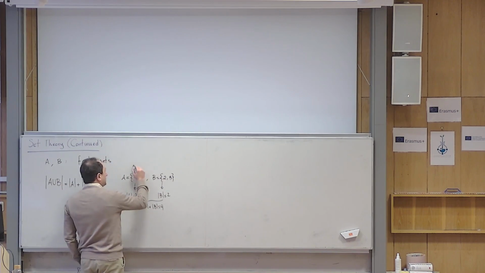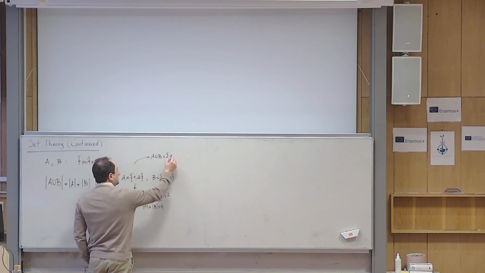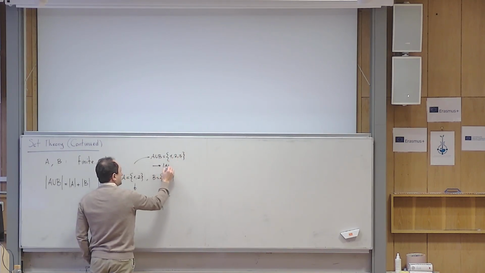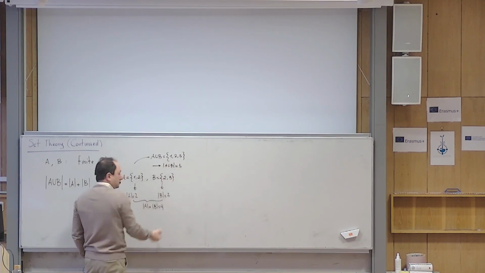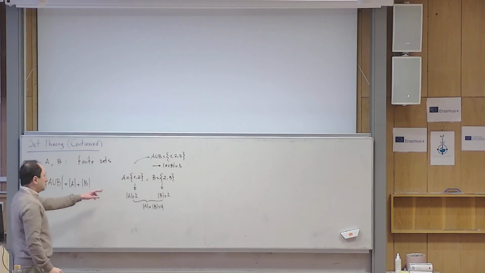But here, if I ask you what A union B is, it is 1, 2, and 3. And if I ask you what the cardinality is, the cardinality is actually 3. And this number and that number are not equal, because in this case, we have some common element.